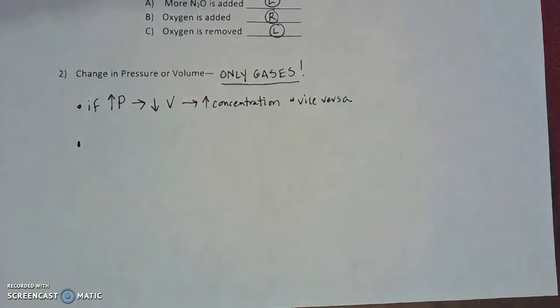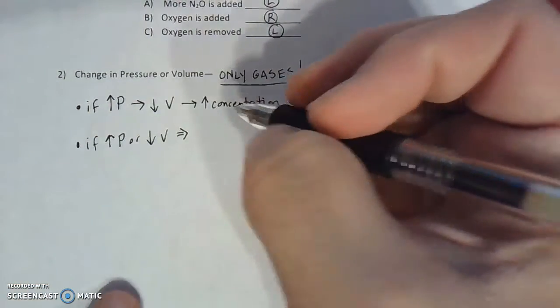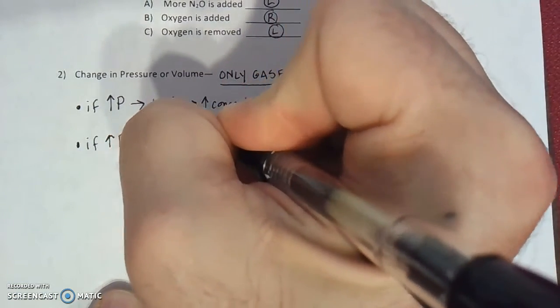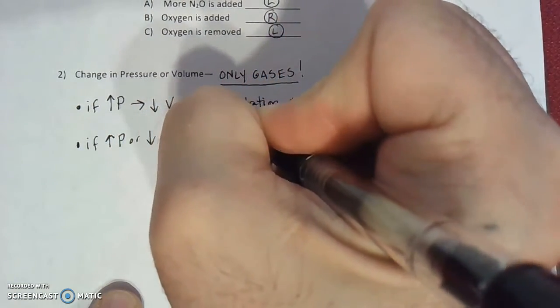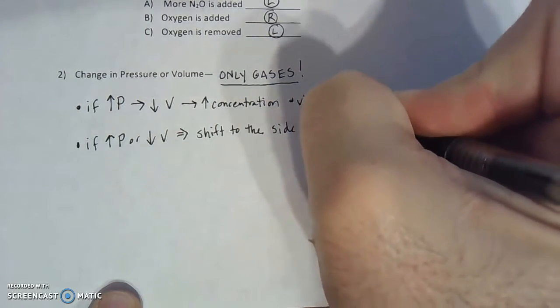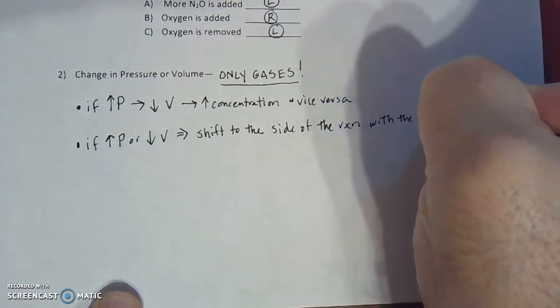So we can look at what happens if pressure or volume changes, and since they're inversely related, we can look at those two. If we increase the pressure or decrease the volume, we're going to have a shift to the side of the reaction with the fewer number of moles.